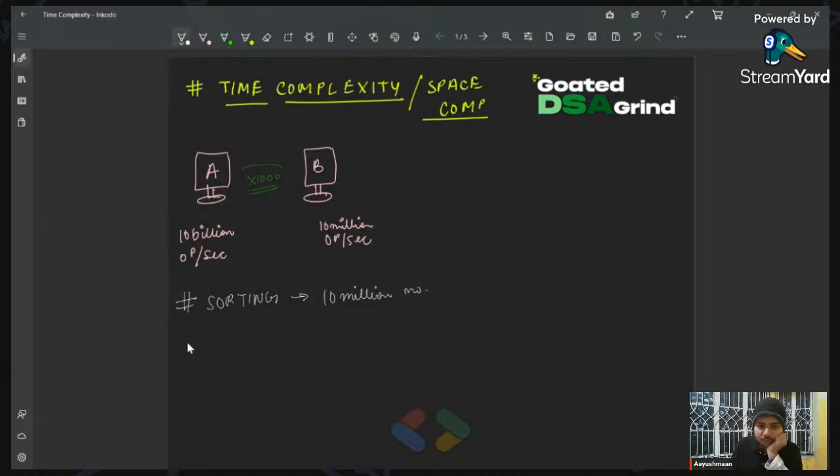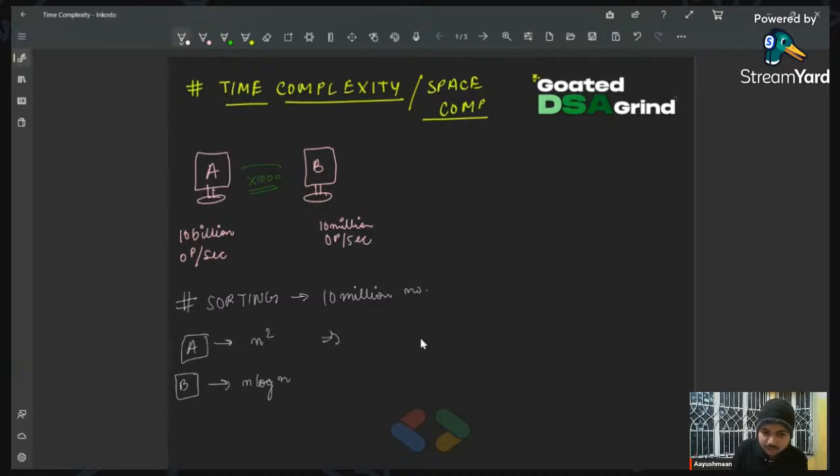And we have two programmers, programmer A and programmer B. Programmer A will code on machine A and programmer B will code on machine B. Say programmer A has an algorithm with time complexity of n square. Just keep these terms in your mind for now. And say programmer B has a time complexity of n log n. So now let's analyze.